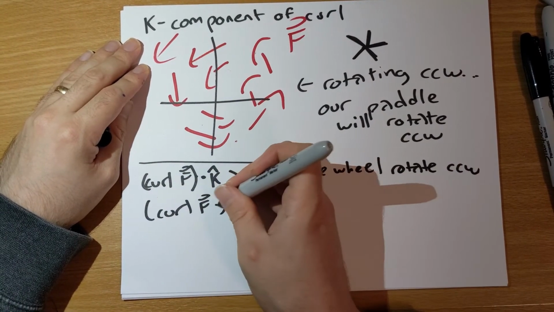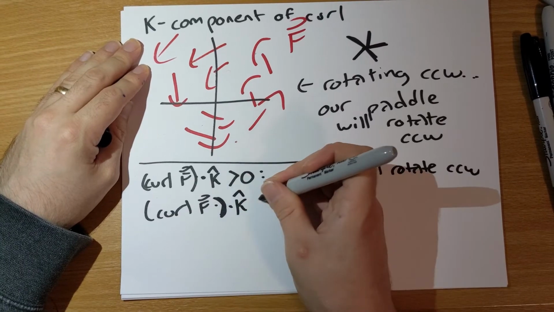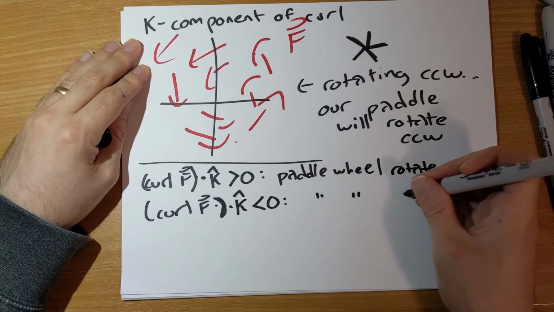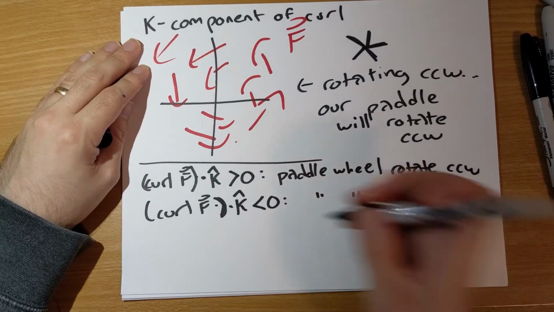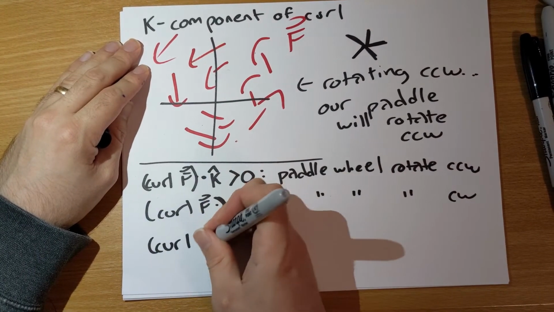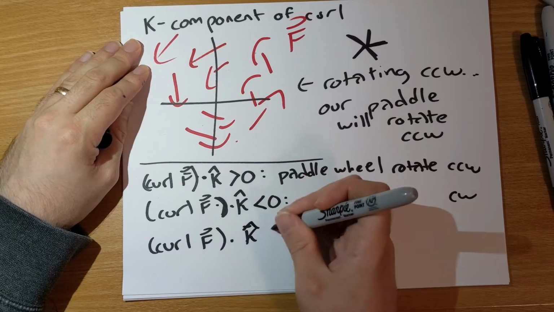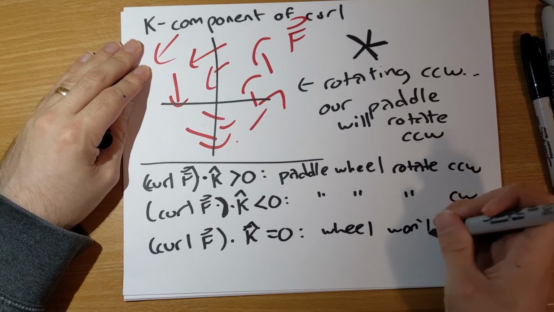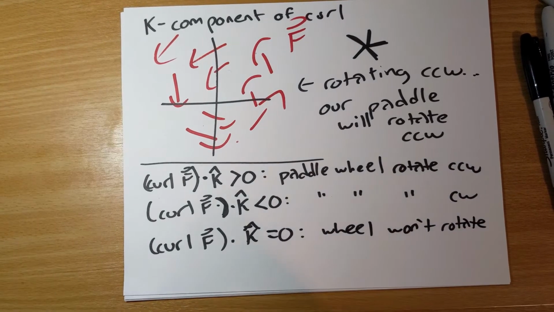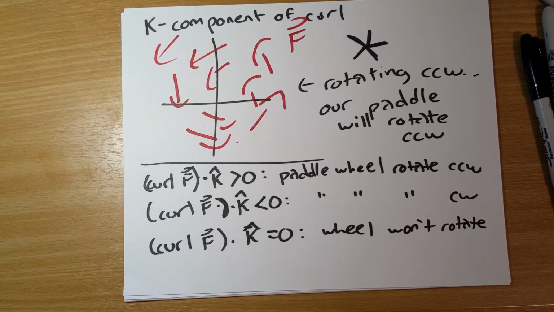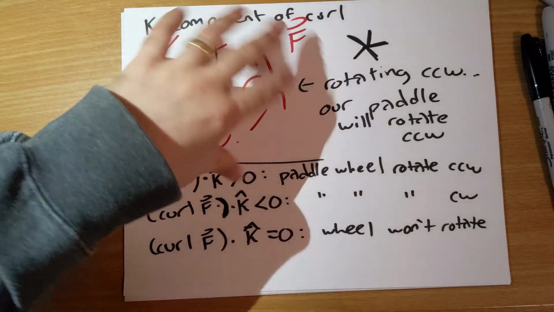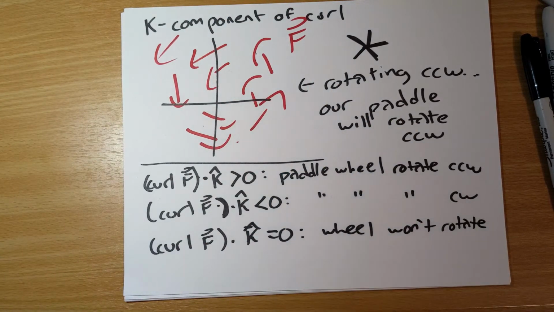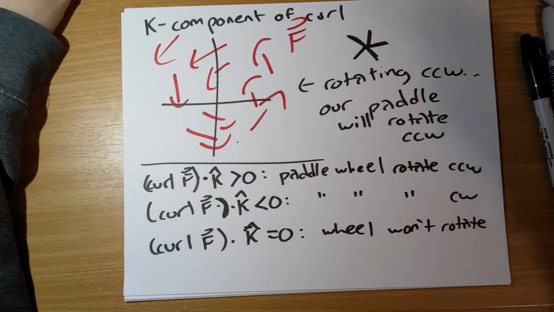If curl of F dot k is negative, your wheel will rotate clockwise. And if curl of F dot k is equal to 0, the wheel won't rotate. So this is our physical interpretation. You have some kind of fluid flow like water, you stick in a paddle wheel, and the k component of the curl will tell you whether or not it will rotate.